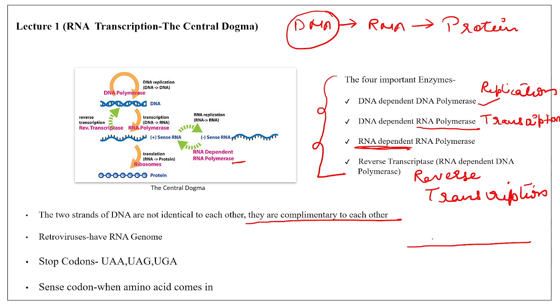Suppose this is your DNA, it is A, T, C, G, T, A. Suppose this is one strand, your next strand will not have the exact same sequence, but it will have the complementary sequence.